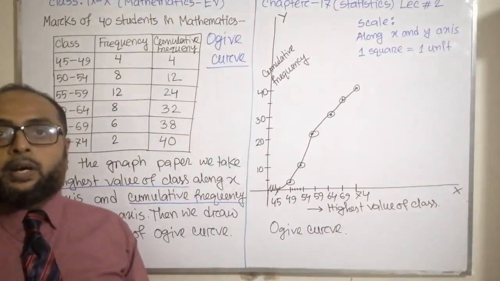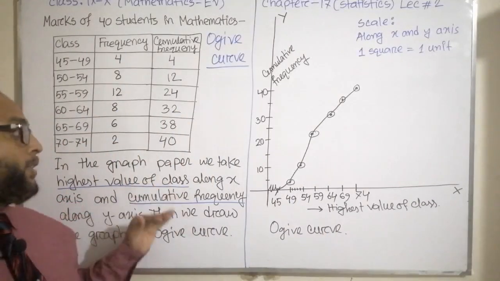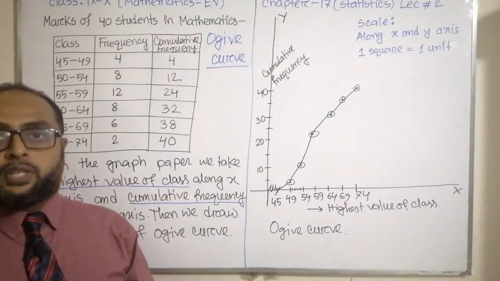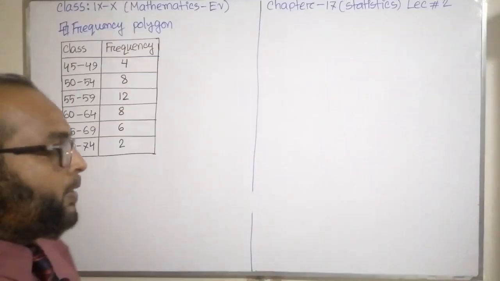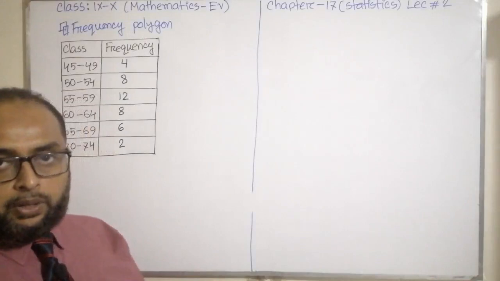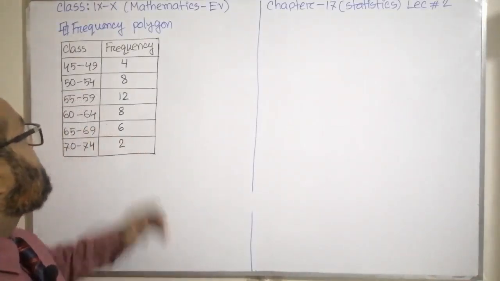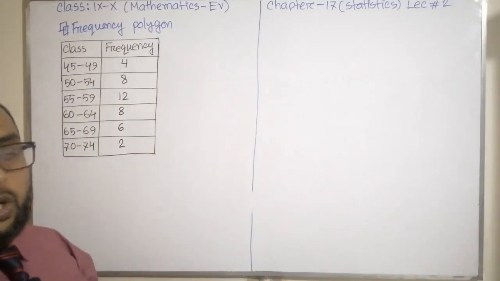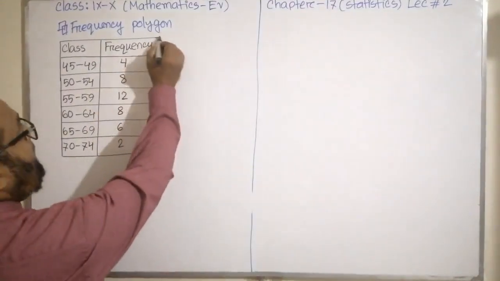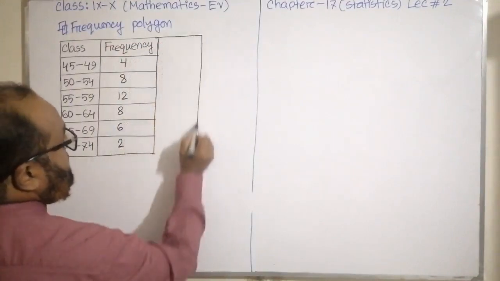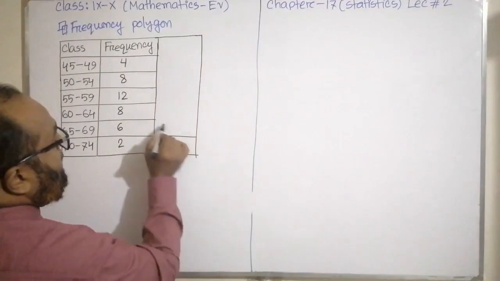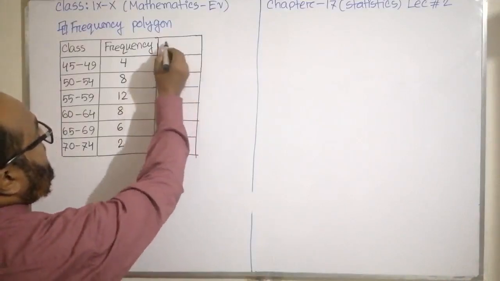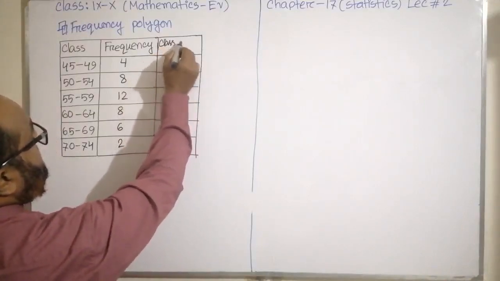Okay students, now our second question was the graph of the frequency polygon. My dear students, now from this data we have to draw the frequency polygon. To draw the frequency polygon, we need to draw another column. This is the class mid value.